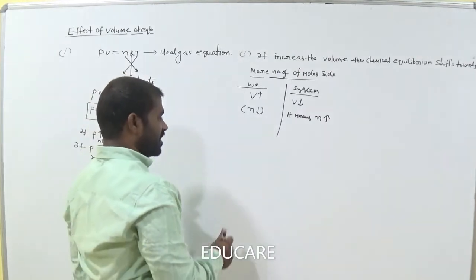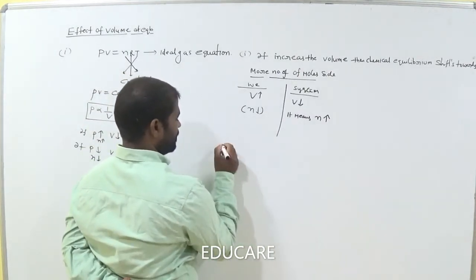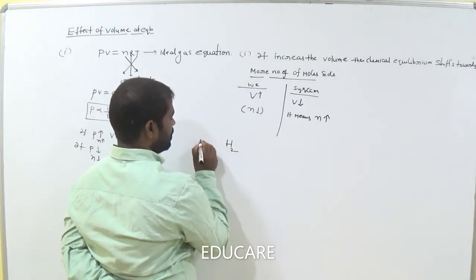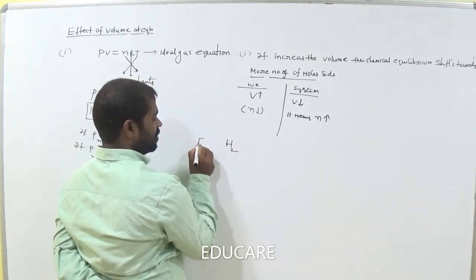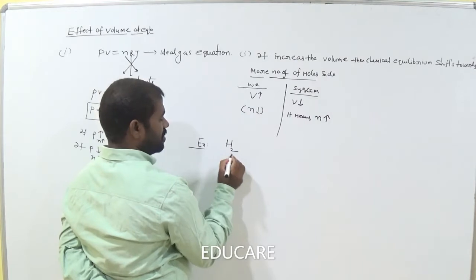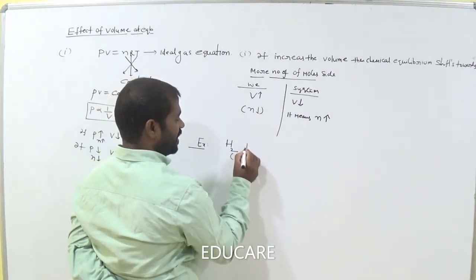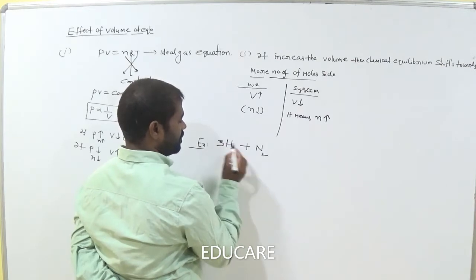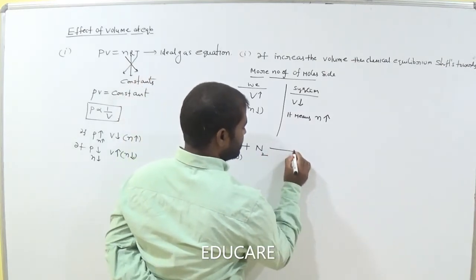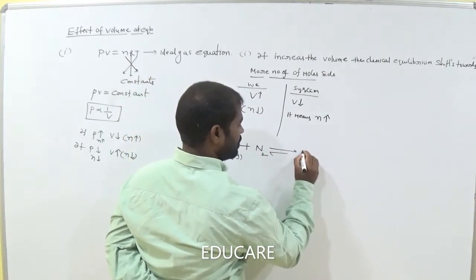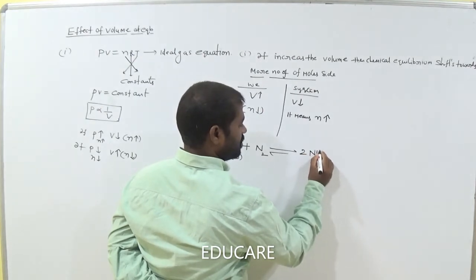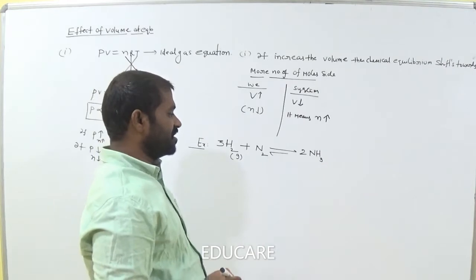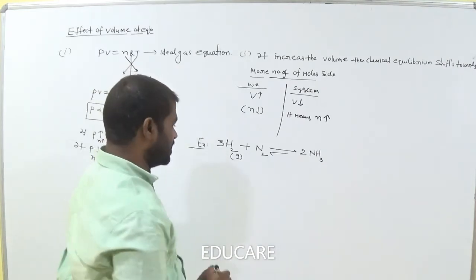Let's see an example regarding this. H2 plus N2 is reversible to 2 moles of NH3.